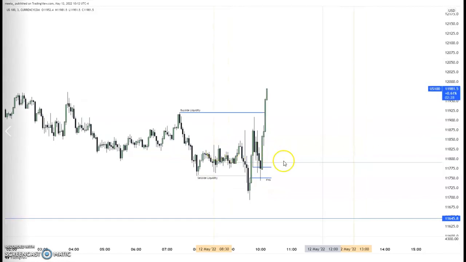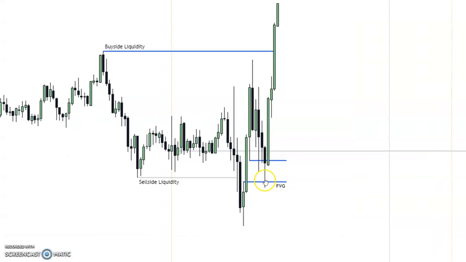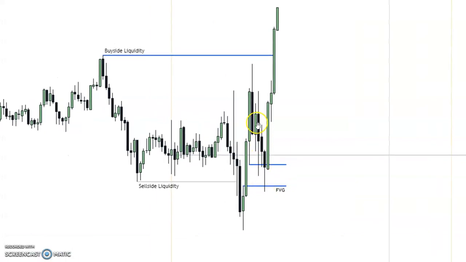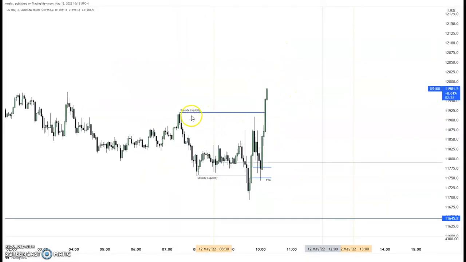We can see that price traded in here, so my entry was triggered and price traded in again, and then price closed the gap completely and traded higher, hitting the buy side liquidity and also hitting those relative equal highs which it created in London right here.